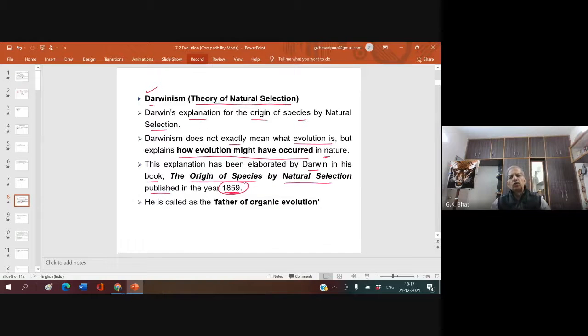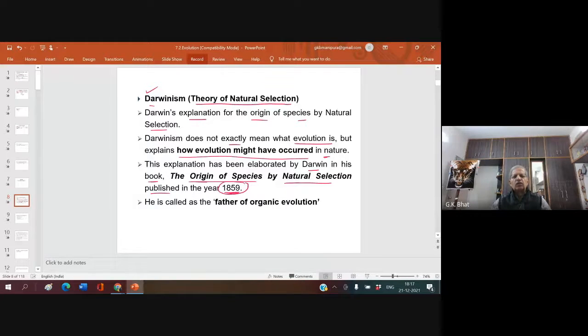So, you have another book that is known as Origin of Life. Origin of Life was written by another person. Do you know who has written the book Origin of Life? Anyone has an idea? Origin of Species is different. Origin of Life is different. The Origin of Life book was written by Oparin.